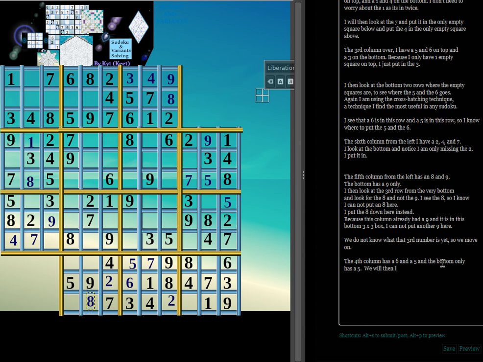We will then look for the 6 and do see it here and not here. We put in the 6.